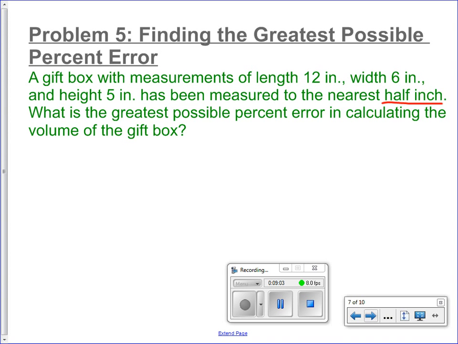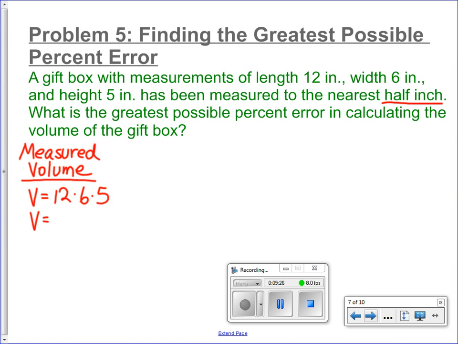So first of all, let's come up with the measured volume. Remember, volume is length times width times height. So in this case, our volume would be equal to the length of 12 times the width of 6 and the height of 5.